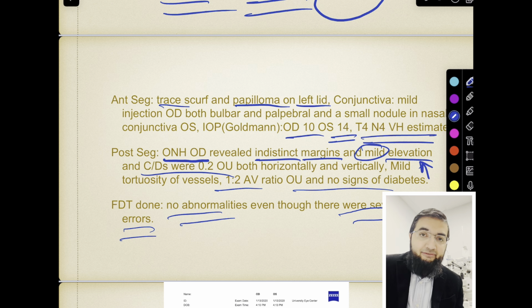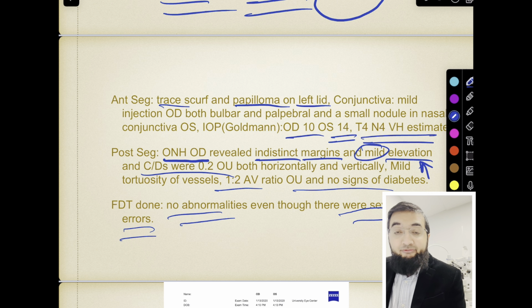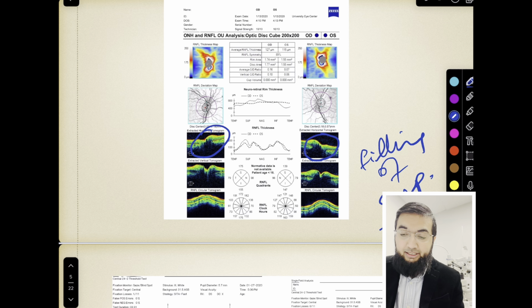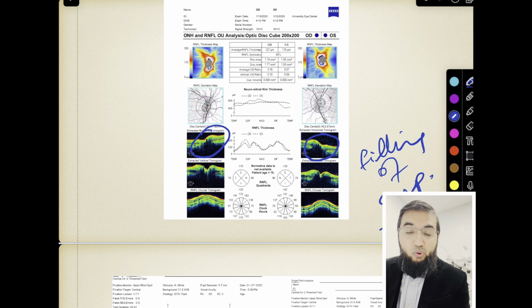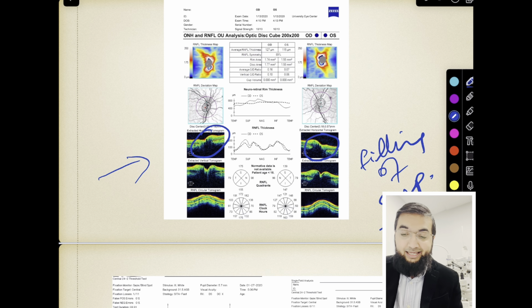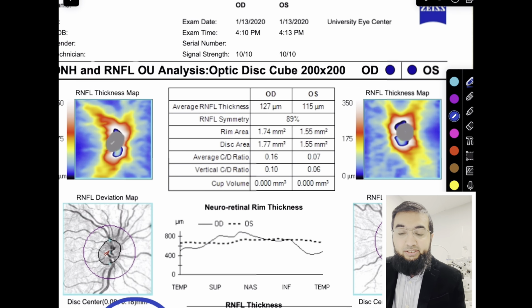A mild elevation presents like filling of the cup inside the nerve that we can verify with the scan called OCT. Okay, and this is that scan right now. And when I'm looking at it, you can see the cup volume is 0.